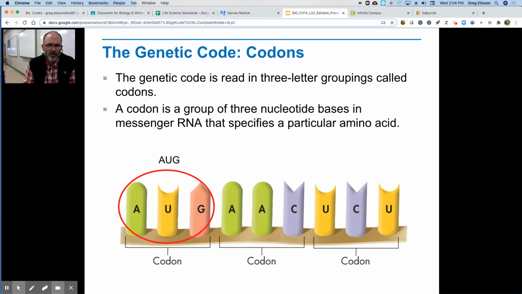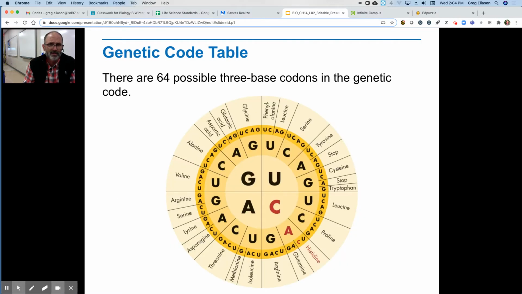How does that work? To read it, we're looking at A, U, G, A, C, C, U, C, U. So that's the code. Now, that will code for different amino acids. And because there's three bases, we're going to look at 64 possible three-base codings.